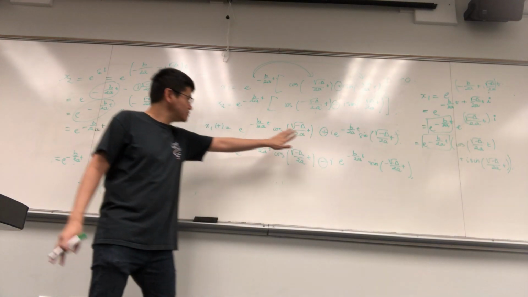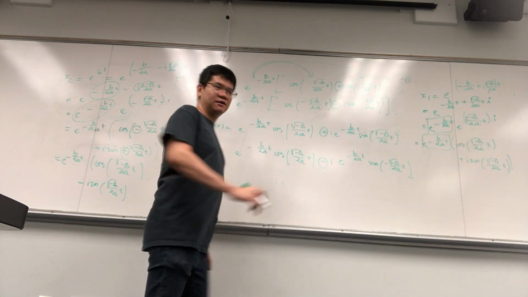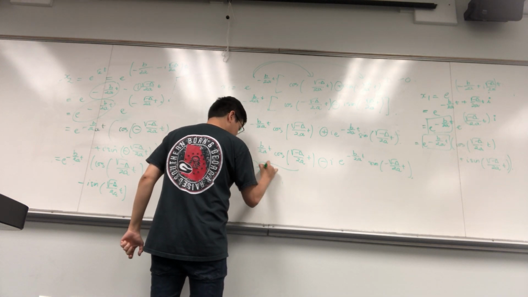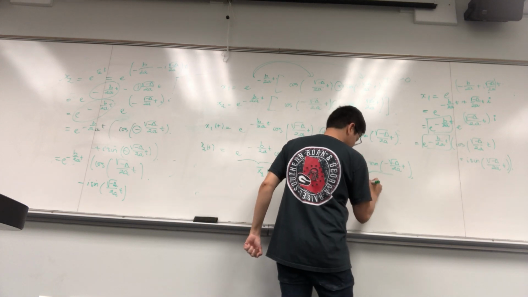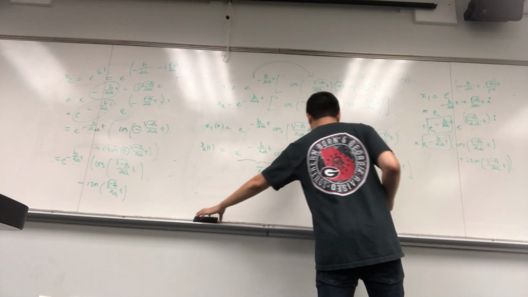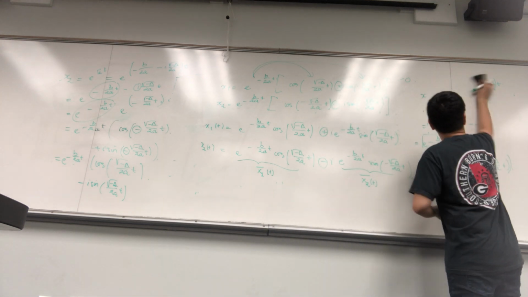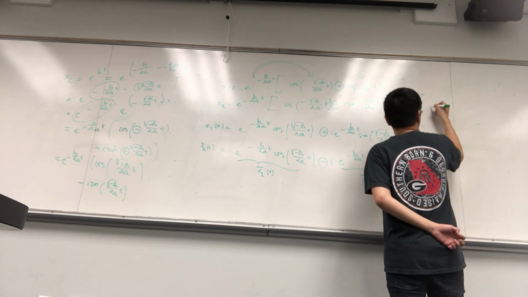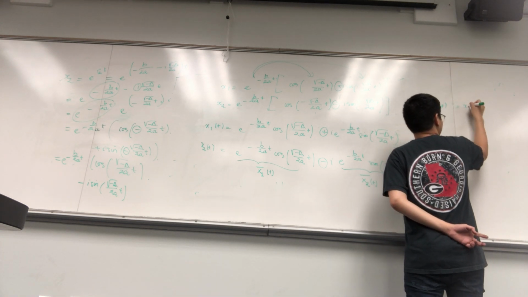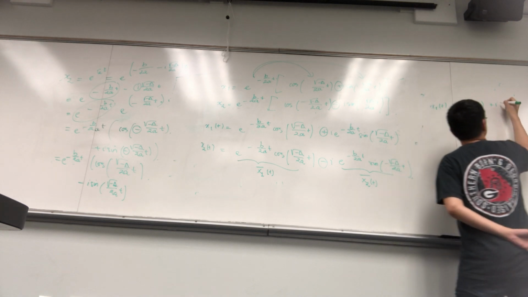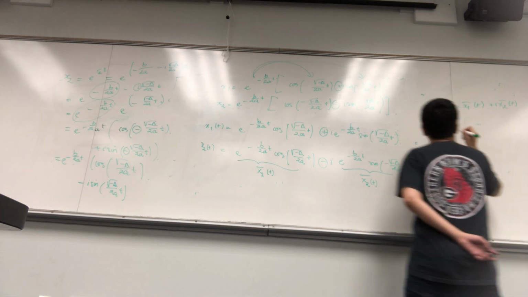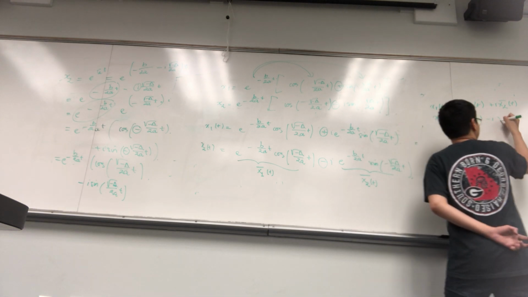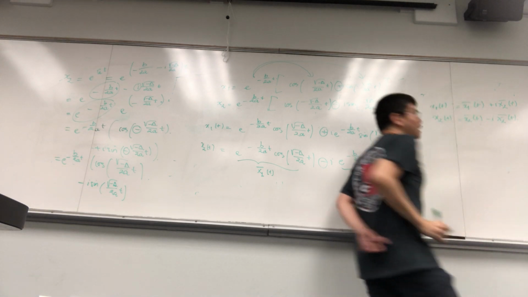I define this guy to be x1 bar of t and this guy to be x2 bar of t. Then x1 of t will be x1 bar of t plus i x2 bar of t, and x2 of t will be x1 bar of t minus i x2 bar of t.